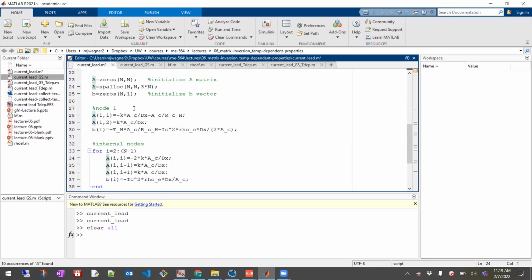Okay, so the other way of assigning this A matrix is to call this sparse allocation function, spalloc, whatever you want to call it. And the idea there is you say, okay, here's my overall dimension, n by n, but then here's how many values I actually expect to have, which is 3 times n at the most. So in memory, it's going to go in and actually allocate 3 times n spaces and associate those with the indices that you're trying to assign.